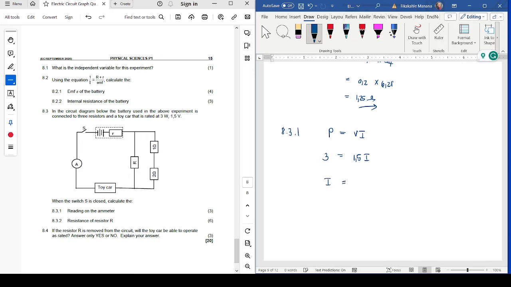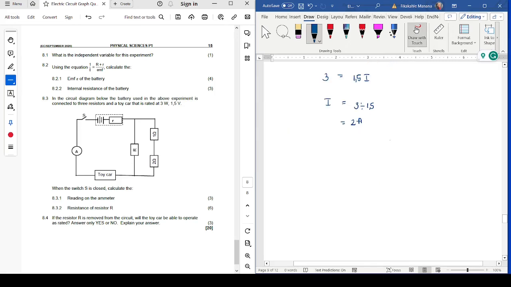So your current is simply 3 divided by 1,5, which is 2 amperes. All right, we're almost there.